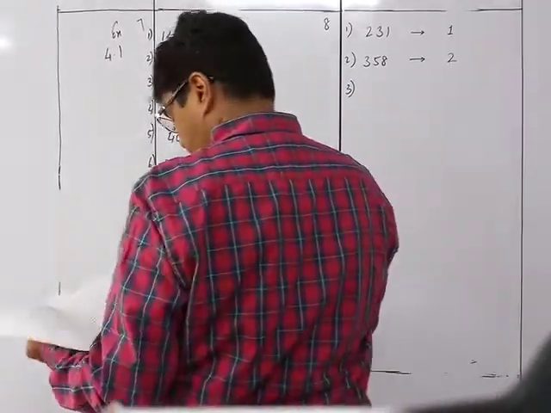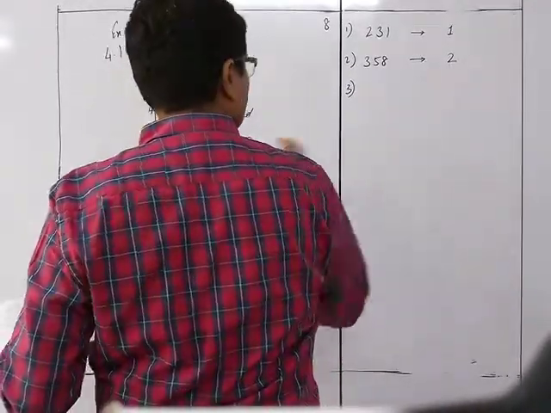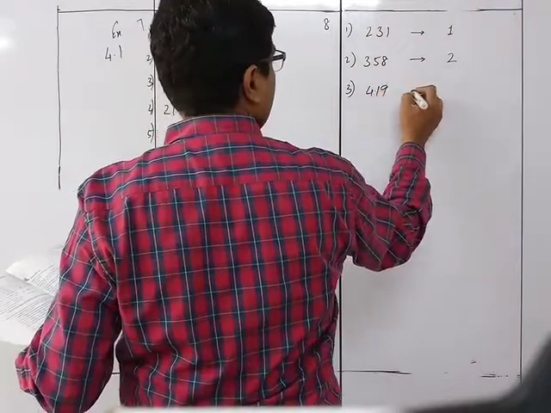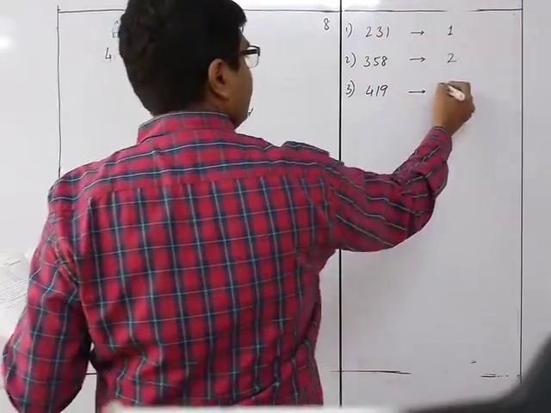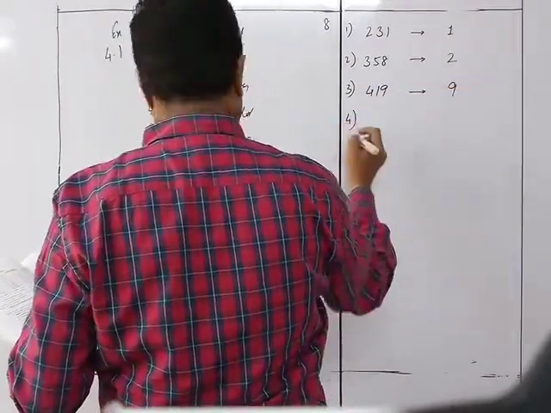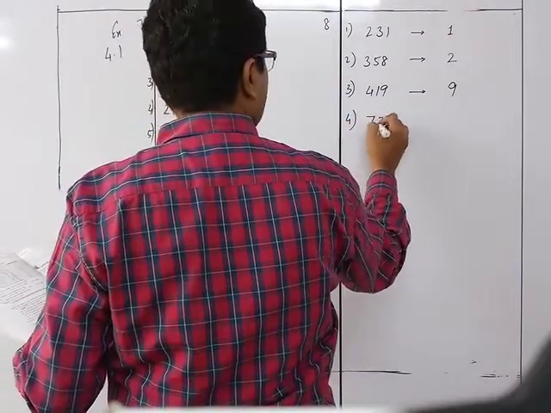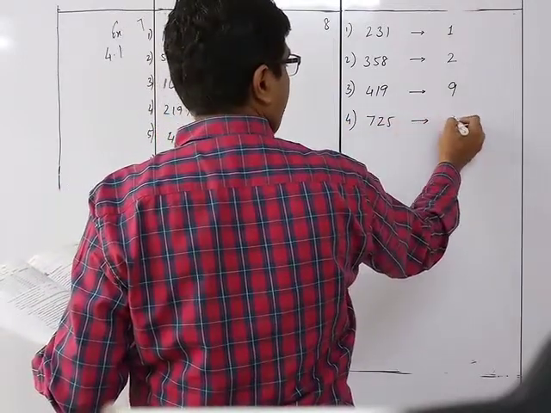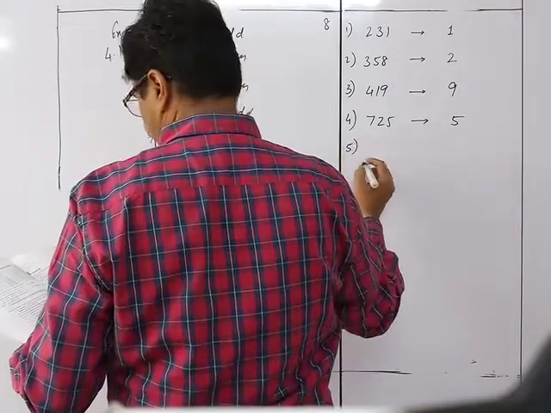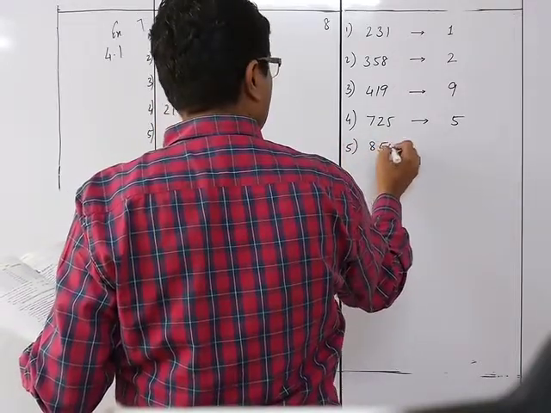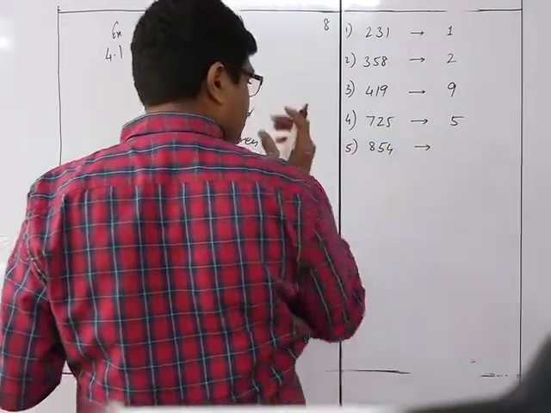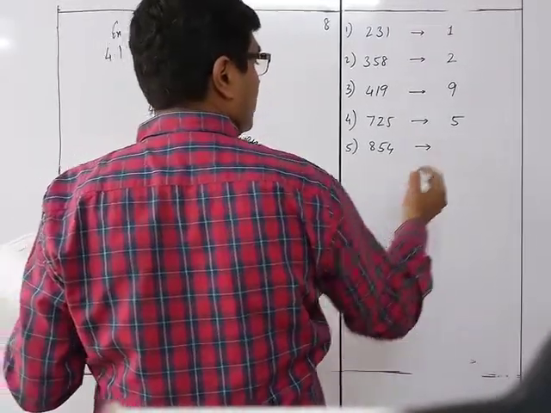Third one is 419. So 9 ends with 9 only. It is 725. 5 ends with 5 only. Fifth, 854. 4 ends with 4 only.